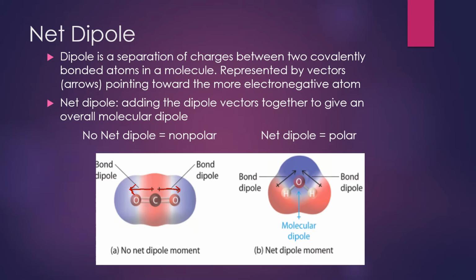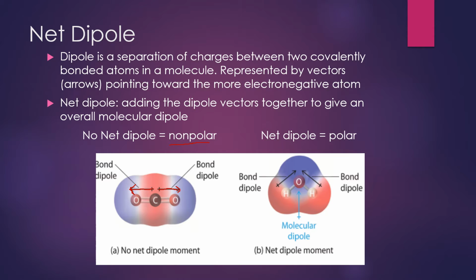So when the vectors cancel, we get no net dipole, 0. If we have no net dipole, that means the molecule itself is nonpolar. So even if that carbon-oxygen bond is polar, the molecule as a whole, since the arrows cancel, is nonpolar.